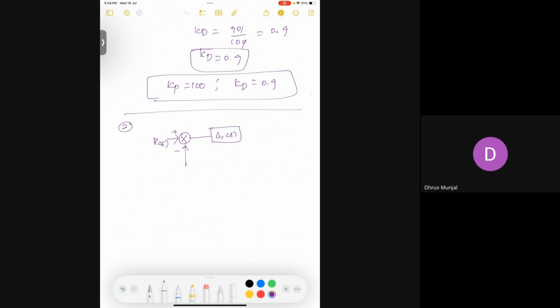Gc of S, and there is a disturbance, and there is a transfer function 1 by JS plus B of S.